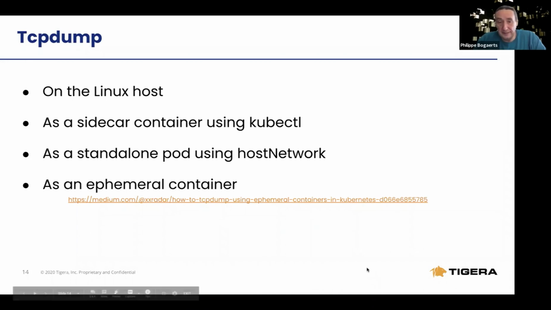One of these solutions is using a sidecar container. There are some tricks, and I will show it in the demo, to inject the tcpdump container straight into a pod and capture the traffic from inside of the pod, which I find is a pretty cool way of doing it. The downside is that the pod needs to be restarted.